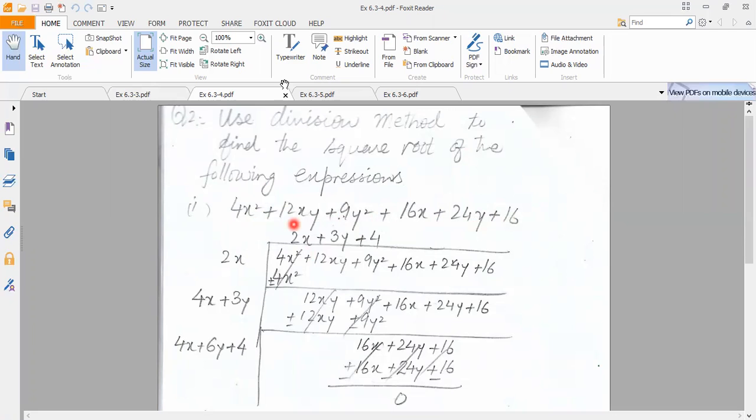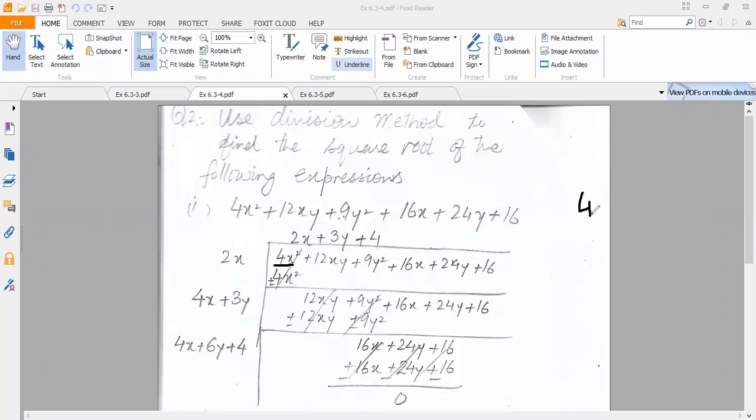Okay, so what we do, in this question we place the full polynomial expression inside and then put the bars. When we put this in the form of division, we will take half of the first term.